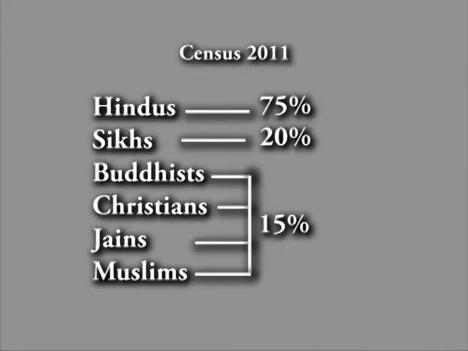However, Hindus are the most dominant religious group inhabiting the city, with a population of nearly 75%. They are followed by Sikhs, forming about 20% of total population. Minority groups include Buddhists, Christians, Jains and Muslims.